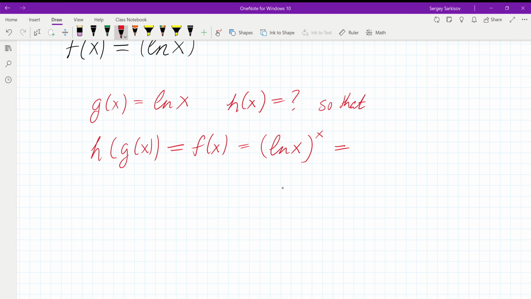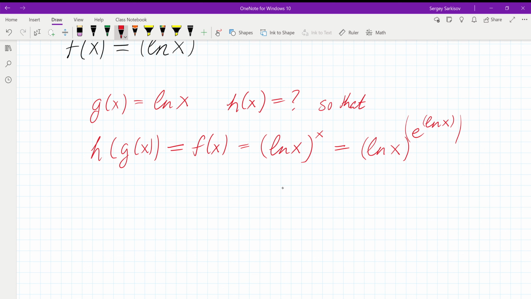So this is ln of x to the what? Now x itself is e to the ln x. You can check that again if you need to. So that's what we're doing here, and that's going to give you the same result. That's ln x to the x.